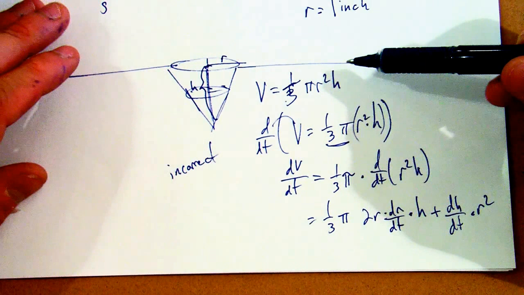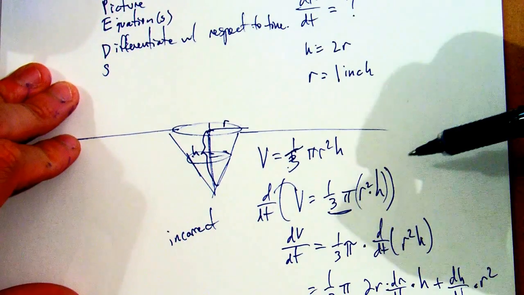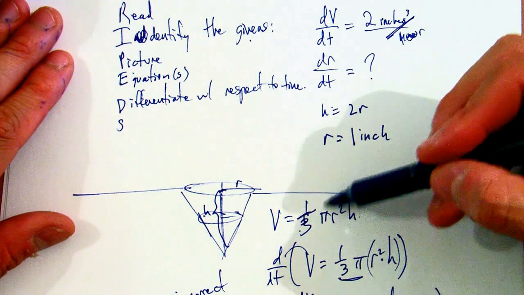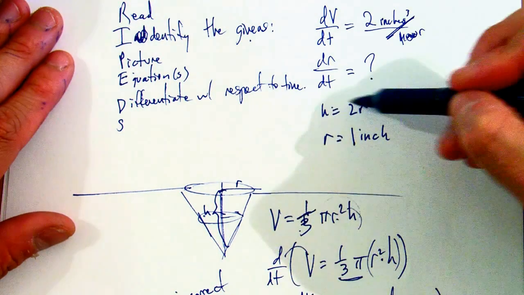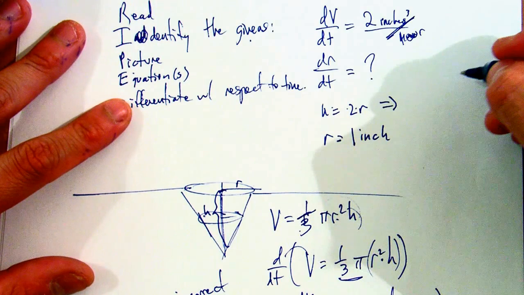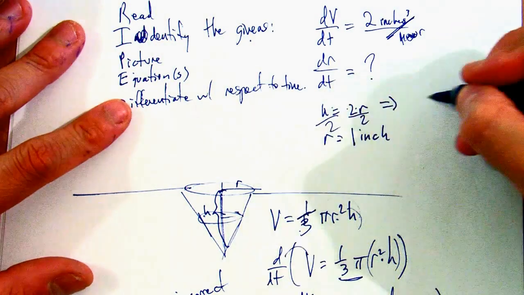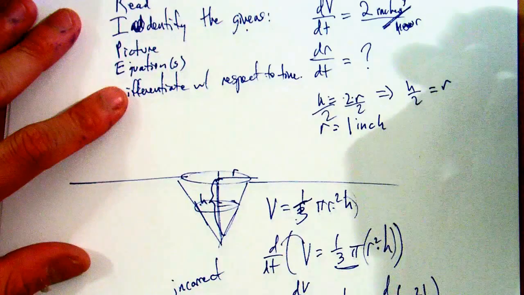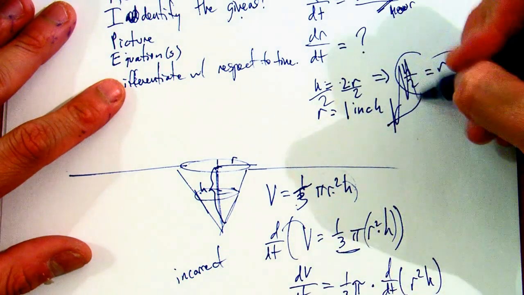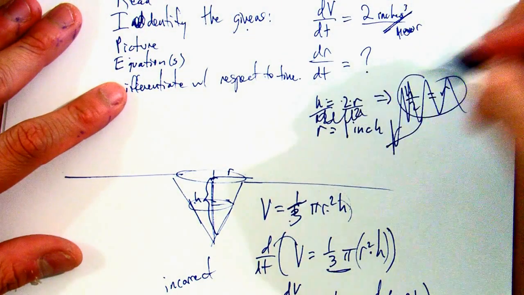So we're going to go back in time now, and before I differentiate, I'm going to get everything in terms of r, because I know that h is 2r. This means if I divide by 2, h over 2 is r. This is already solved for h.